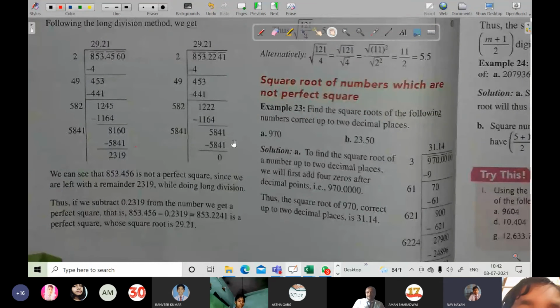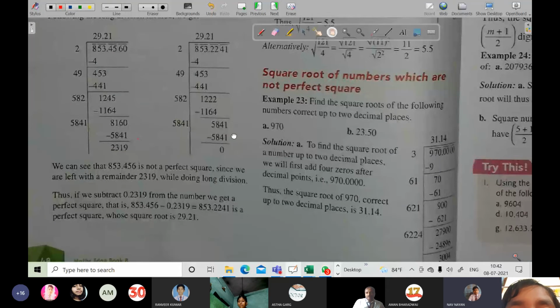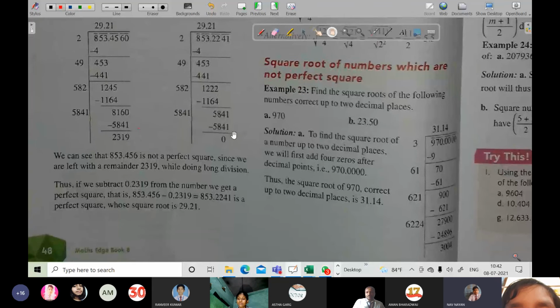Sir, like previous, when it is said to add some number and make it a perfect square, in that case we were choosing a little larger number, sir. But when it is subtracted, then in that case we will choose a smaller number, no, sir?